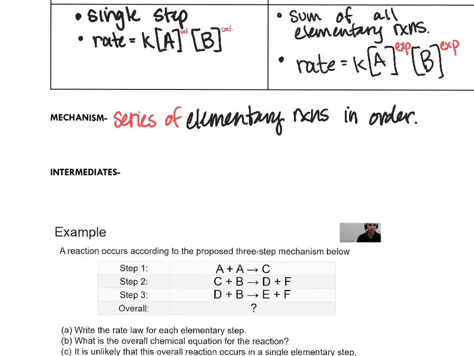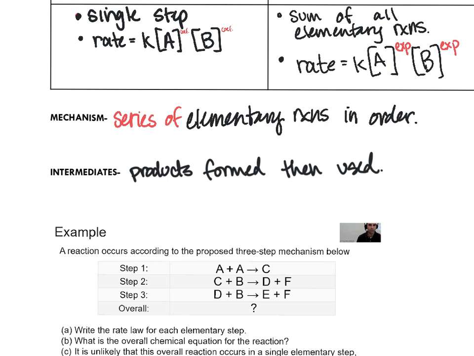Our intermediates are going to be products formed, then used. So an intermediate is something that's made, but then we end up using it later, okay?